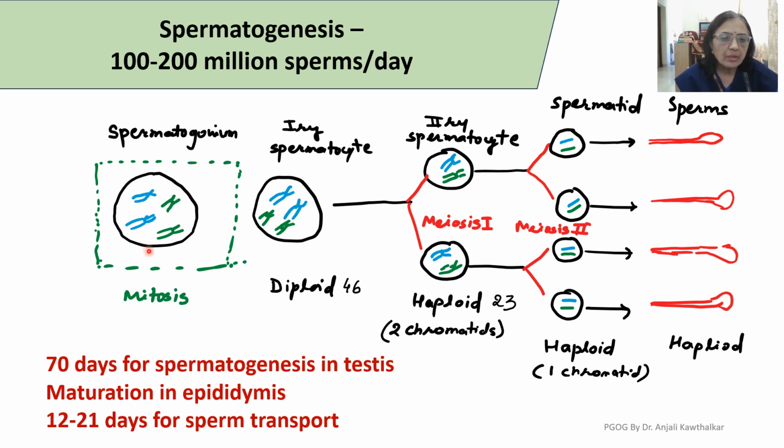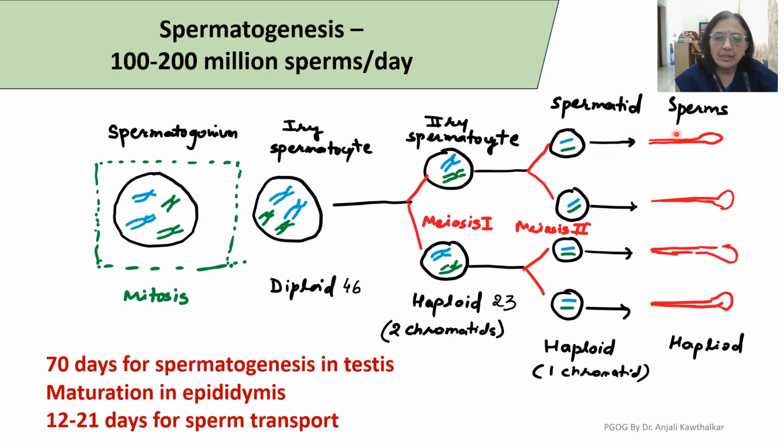Spermatogonium undergoes mitosis. There is formation of the primary spermatocyte, which is diploid, having 46 chromosomes. It further divides into the secondary spermatocyte, which is haploid, having 23 chromosomes, and then there is formation of 4 spermatids, which are haploid and have one chromatid.